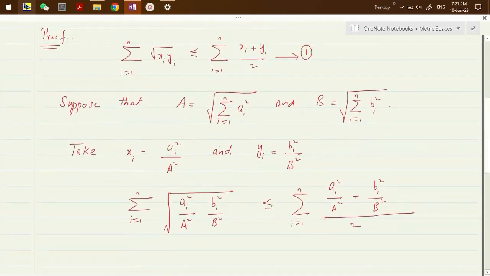We just put the values of xi and yi in equation 1 to get this inequality.